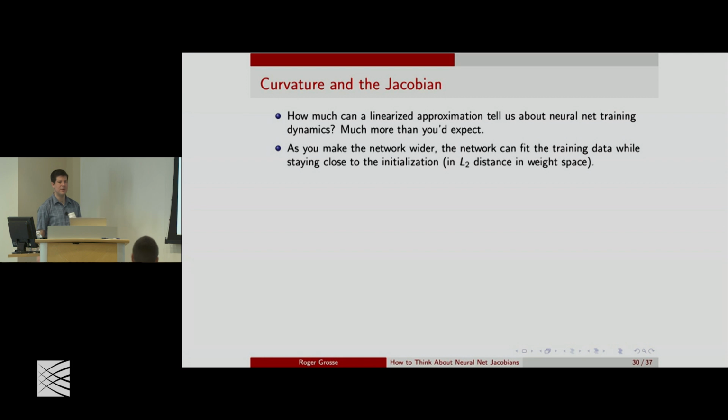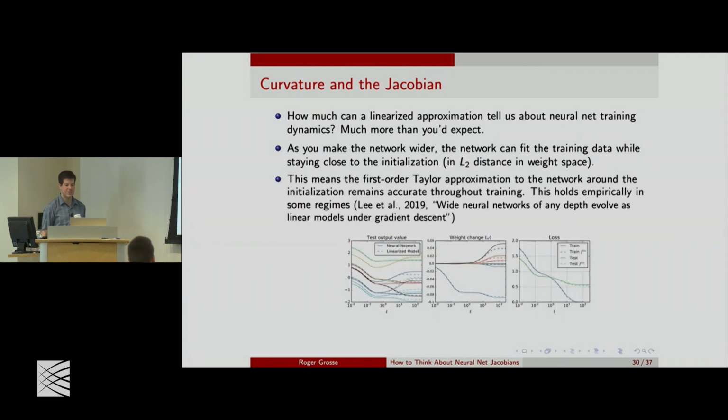And if it only moves a small distance from the initialization, then the first-order Taylor approximation around the initialization could actually remain accurate throughout training. It's not true for small networks. It's not true for narrow networks, but it actually seems to hold surprisingly well for wide networks.